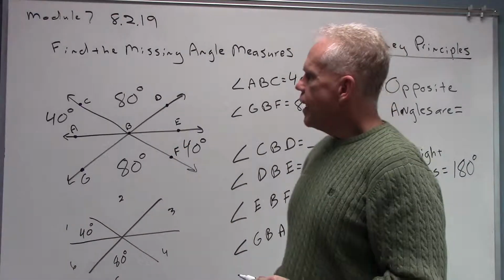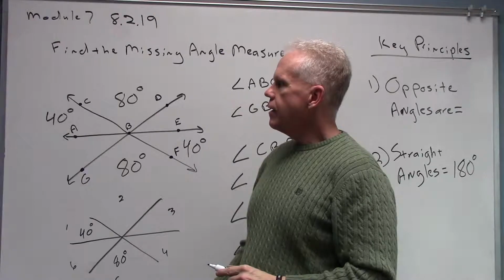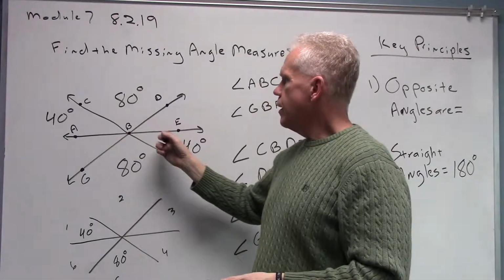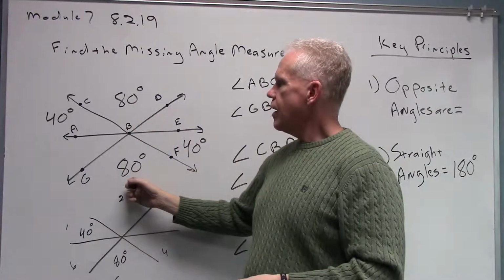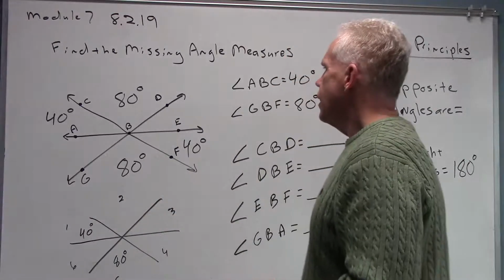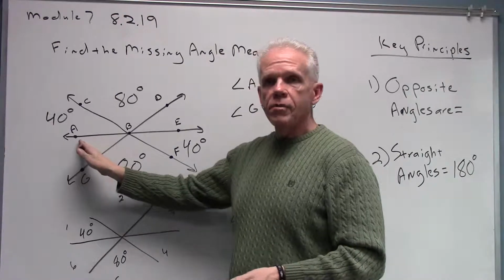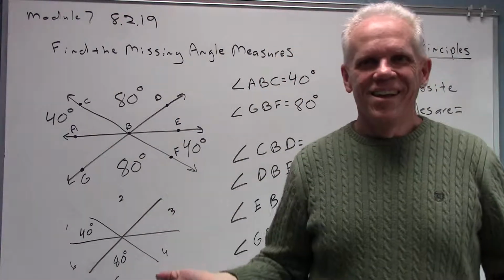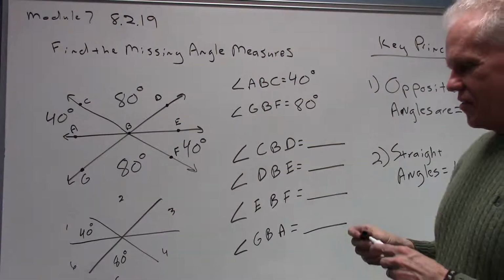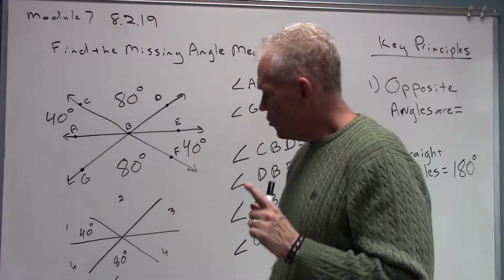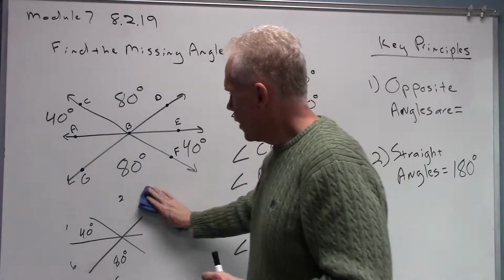We've got a couple of answers right out of the gate. Now what we're missing are these two. These two are opposites, and we don't know either one, so we're kind of stuck there. That takes us to the second principle.